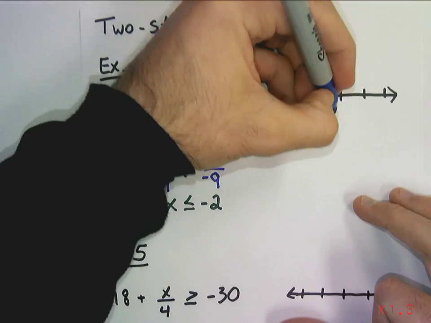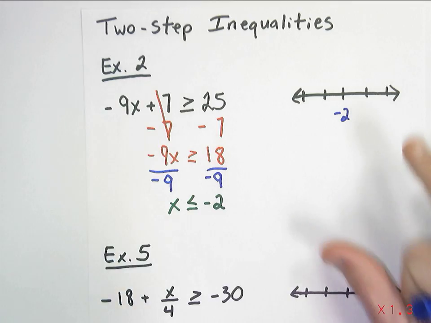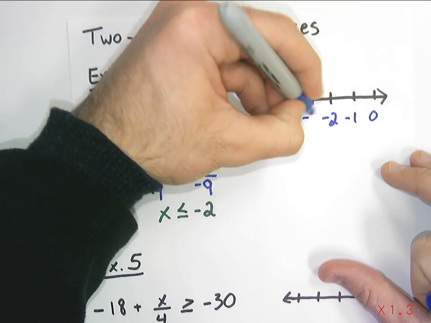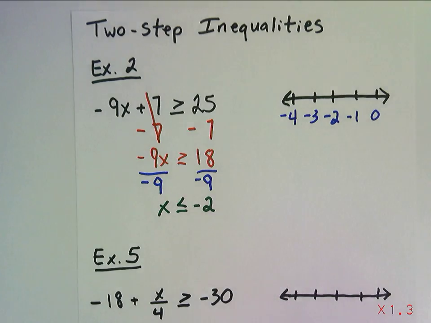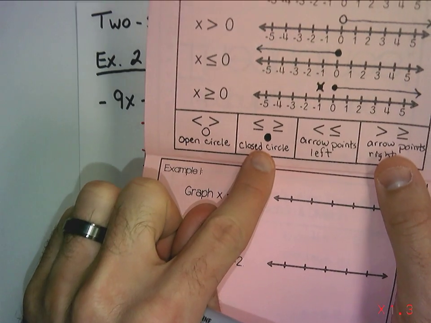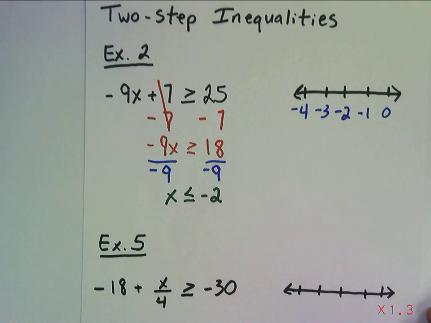If we go and graph that, negative 2 in the middle, two numbers above, two numbers below, negative 1, 0, negative 3, negative 4. We have a less than or equal to symbol, so we need a closed circle at negative 2.